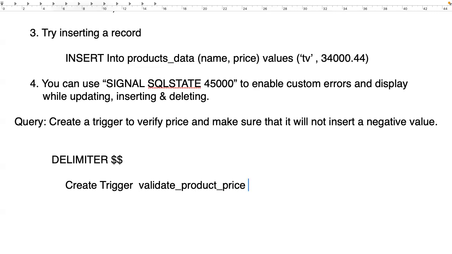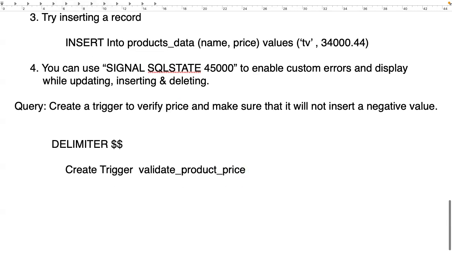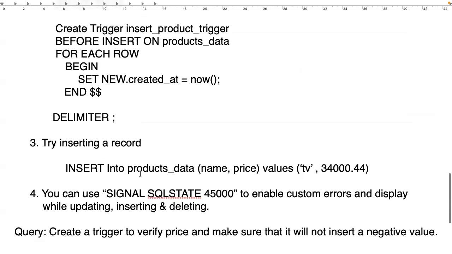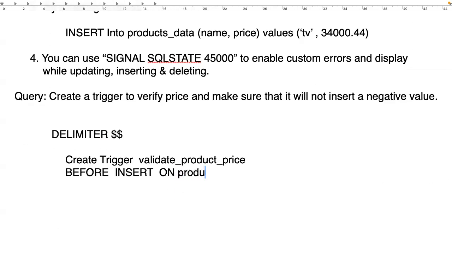That is the trigger name. And what is the timing? BEFORE INSERT. We can use insert, update, anything. BEFORE INSERT ON, what is the table name? Products data, FOR EACH ROW.